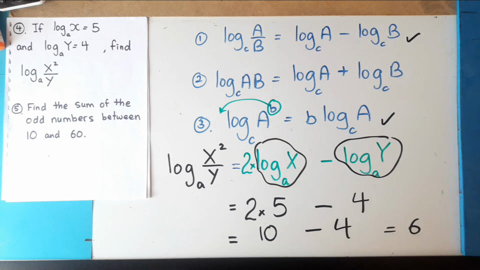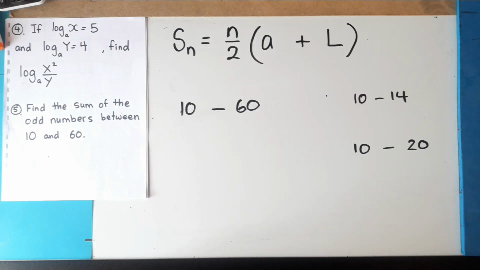Alright, number 5. Question 5 is an AP question, an arithmetic progression question. They want you to find the sum of the odd numbers between 10 and 60. Now, there are 2 ways to do this: a short way or a very long way.